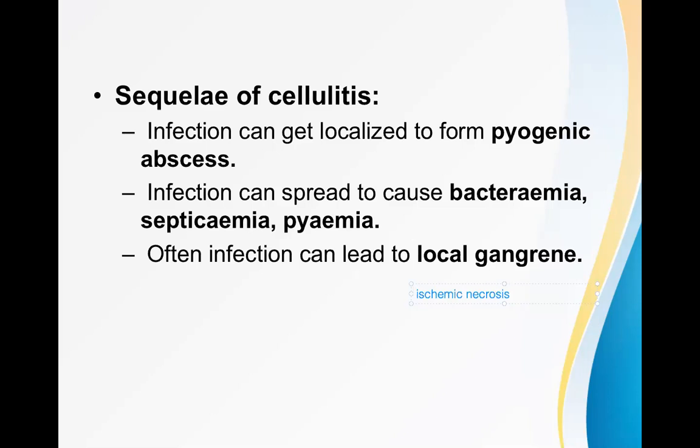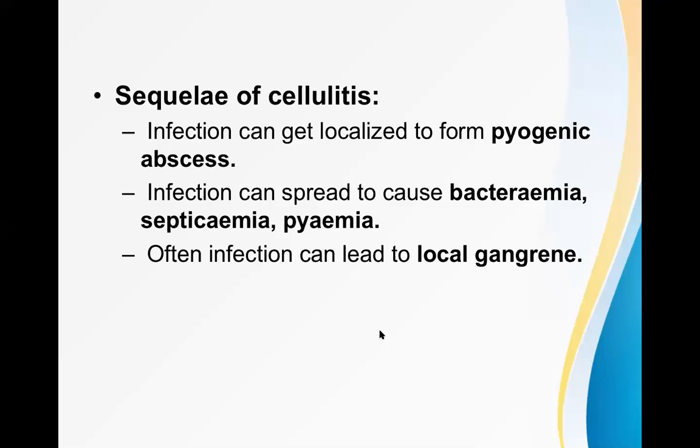Now listen carefully. What this infection is doing, it is causing edema there. It is causing swelling of the tissue. Whenever there is edema or swelling of the tissue, or there is rise in pressure in that compartment, that rise in pressure or edema can obstruct the blood flow to the local tissues. As a result of this, ischemic necrosis of the tissue may happen.